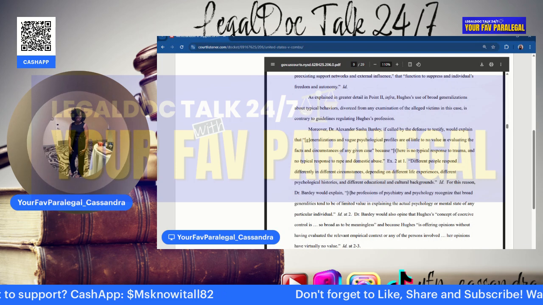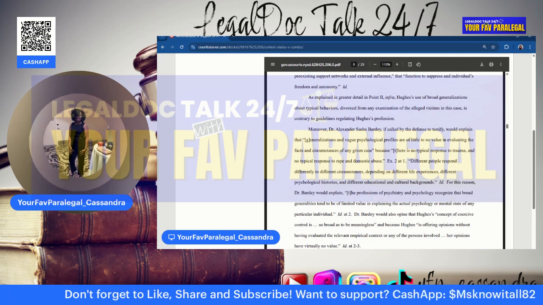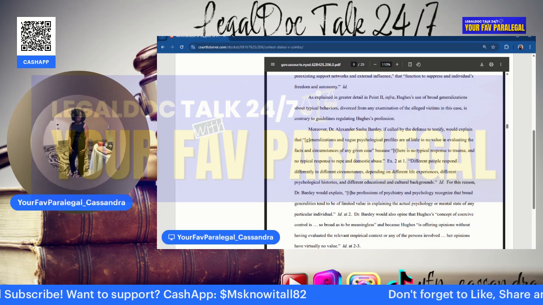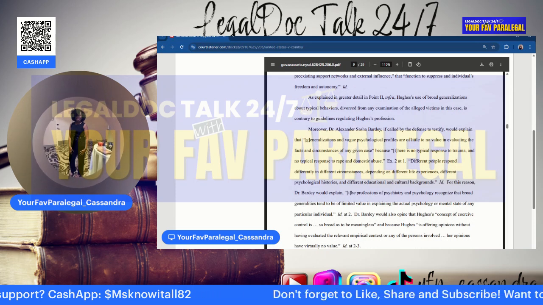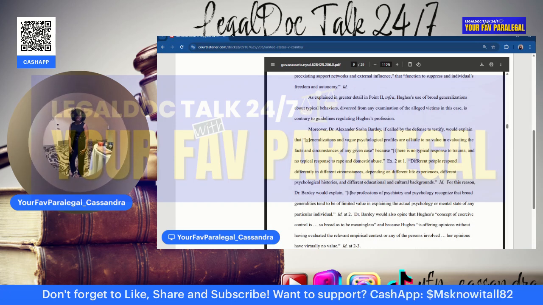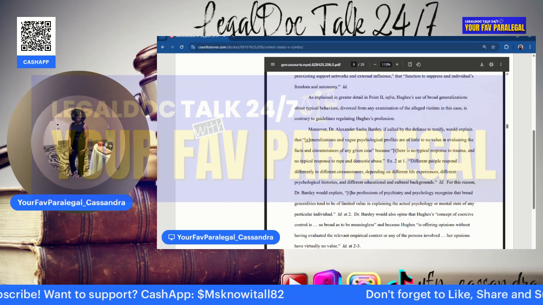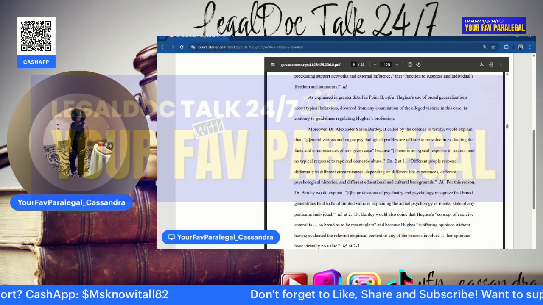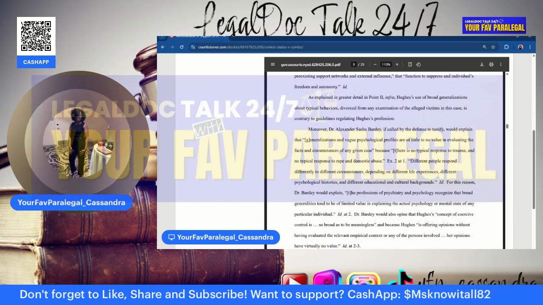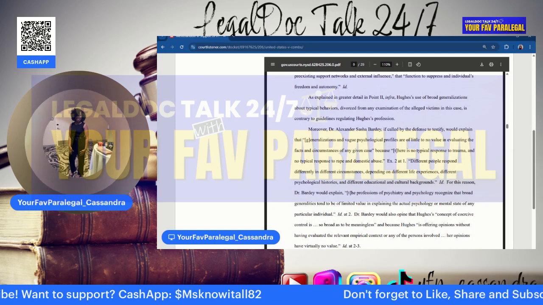Different people respond differently in different circumstances, depending on different life experiences, different psychological histories, and different educational and cultural backgrounds. For this reason, Dr. Bradley would explain that the professions of psychiatry and psychology recognize that broad generalities tend to be of limited value in explaining the actual psychology or mental state of any particular individual.